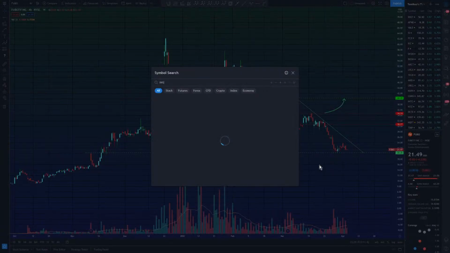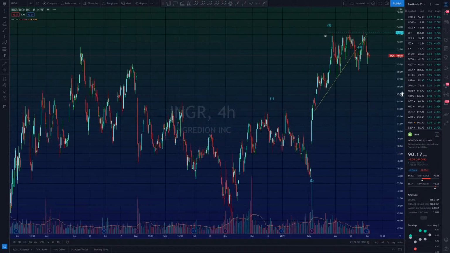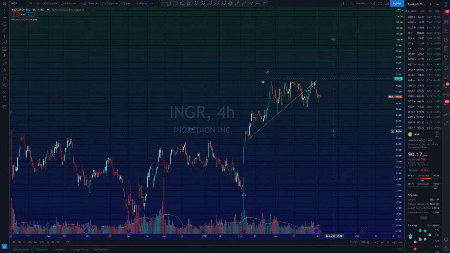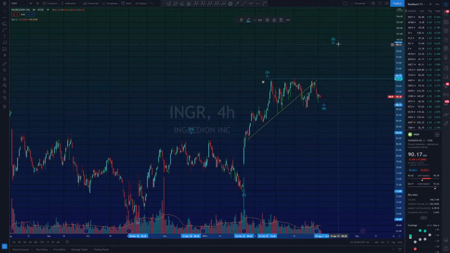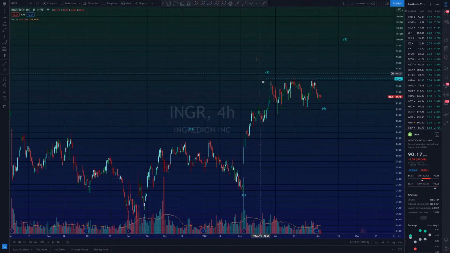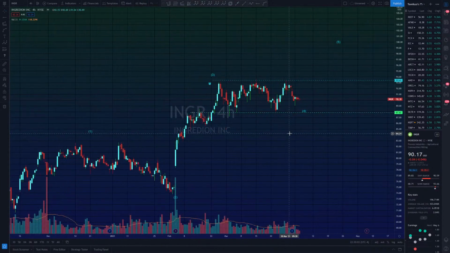Oh, INGR. I've got to do it for my brother. INGR had a fake... I think I just had my time period off. But I still think INGR has a solid future to 100. This is a very nice wave 4 flat correction. It just had a wick. So A, B, C, D... It might come down slightly more, but overall, I think it looks good.